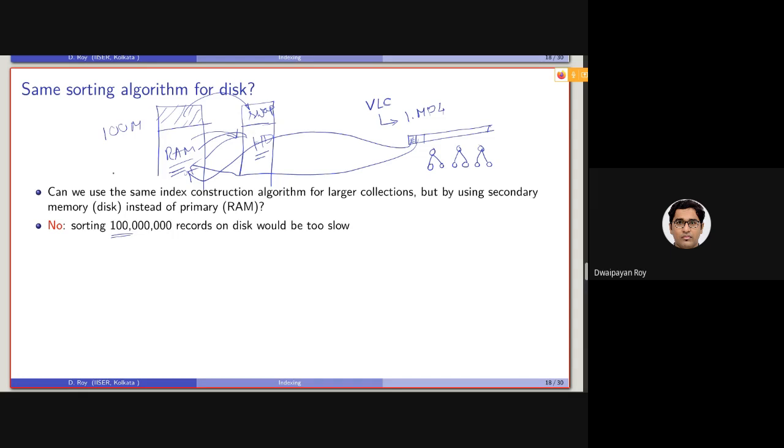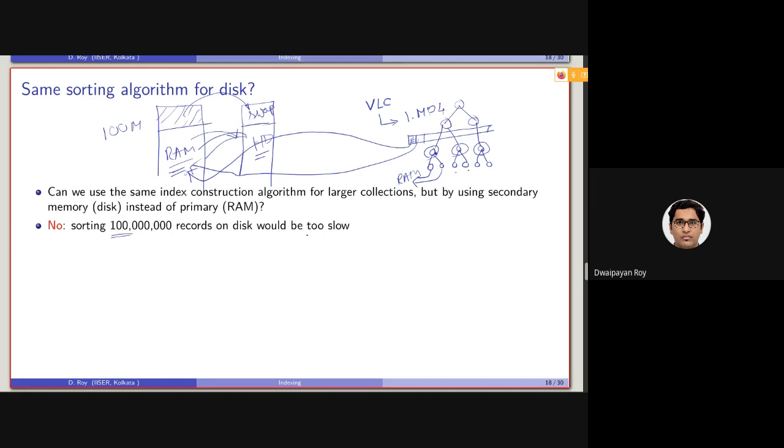We bring these from the hard disk into the RAM, and the sorted result is written back to the hard disk. Then again we bring two into the RAM, sort and merge, then take this, and finally we sort and merge them together.